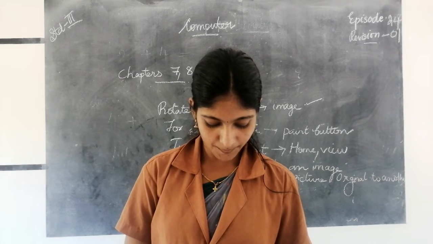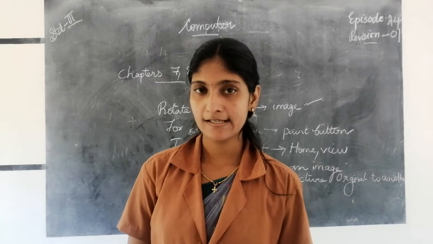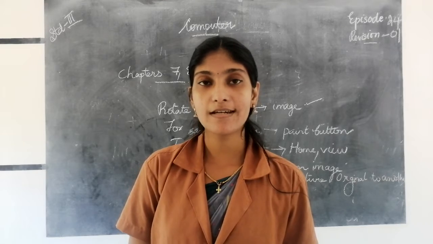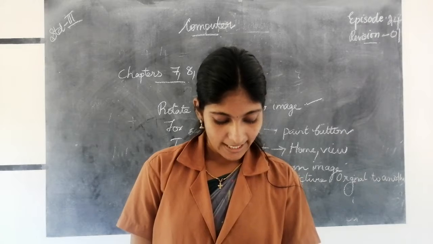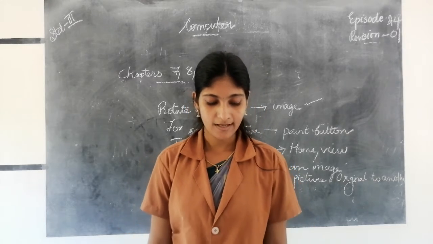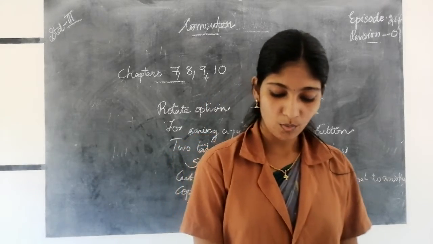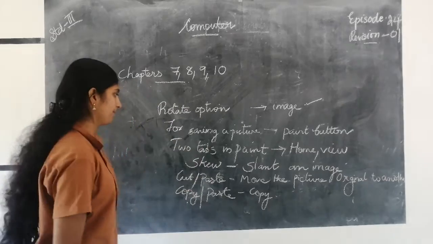Crop tool is used to select a particular part of the picture, that means retain the part of the picture and delete the rest. Then next question, use the select tool to select the part of the picture that you want to change. So which tool is used to select the picture?